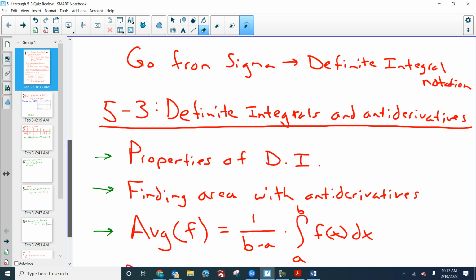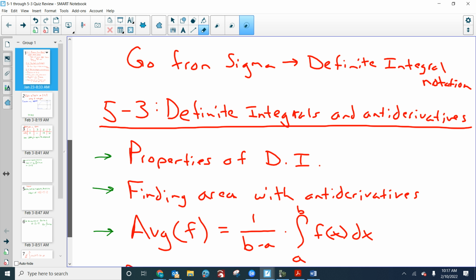Yes, that was a property. Integral of kf of x is k times integral of f of x. Okay, so you may get a matching or a multiple choice that says which of these are or are not properties, and then actually gives some numerical values and you solve them using those properties.